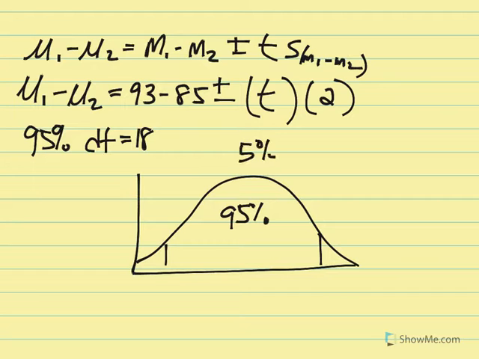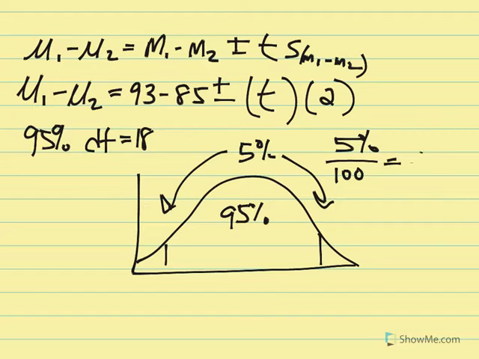Again, we have 5% represented in both tails. So the first step is to transform that 5% into a proportion so we can enter our t-table. So that's 0.05. So we're going to use this and degrees of freedom.